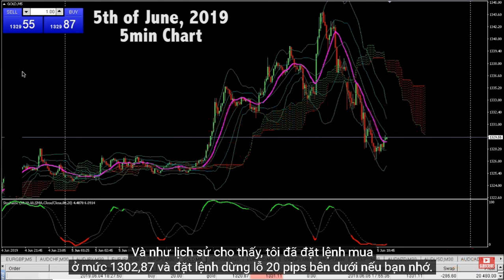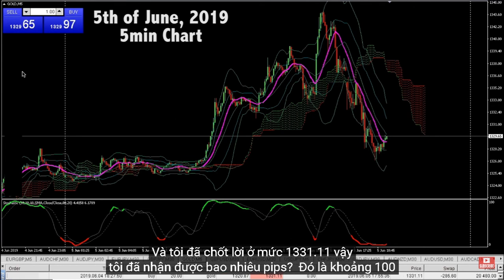And as the history shows, I placed the buy at 1320.87 and placed stop loss 20 pips below, if you remember. And I took profit at 1331.11. So how many pips did I get? It's about 100 pips, right?